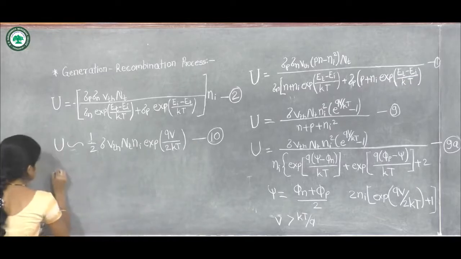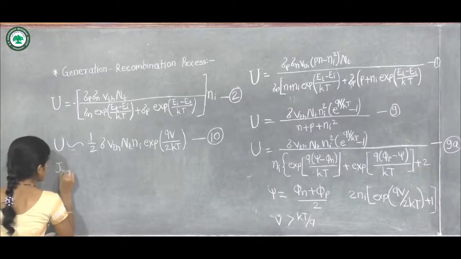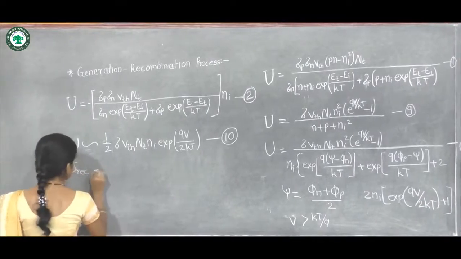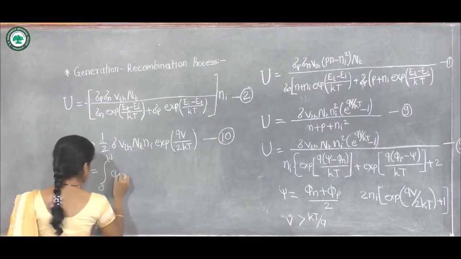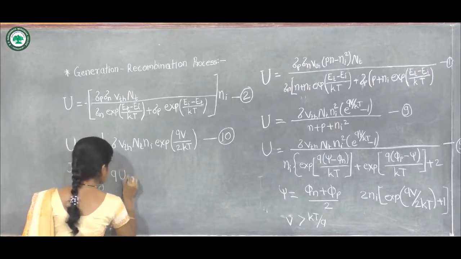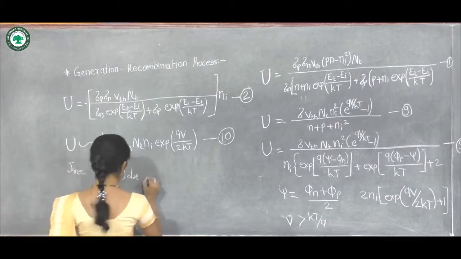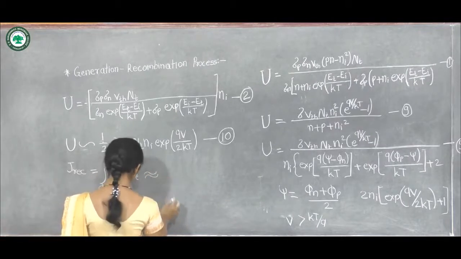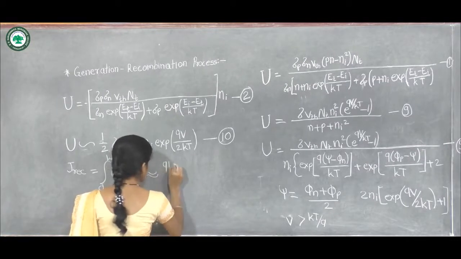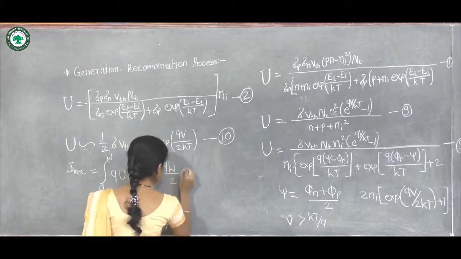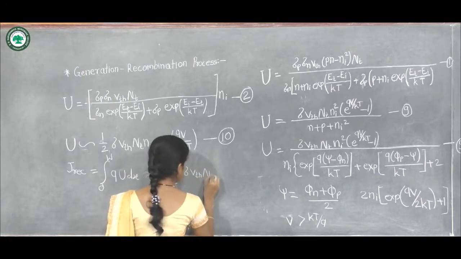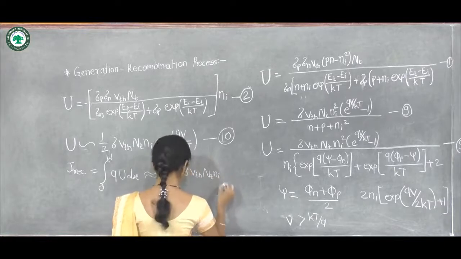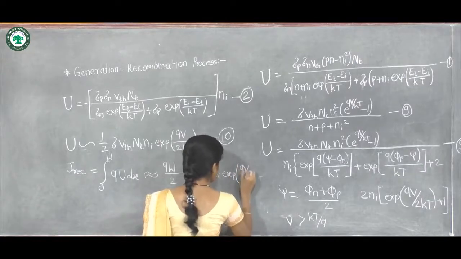And the reverse current J reverse can be written as the integration from 0 to W of q into U dx, which is nearly equal to q into W upon 2 into sigma into Vth into Nt into Ni exponential of qV by twice kT.